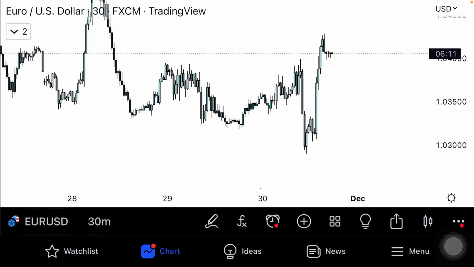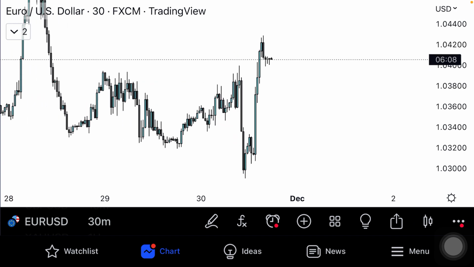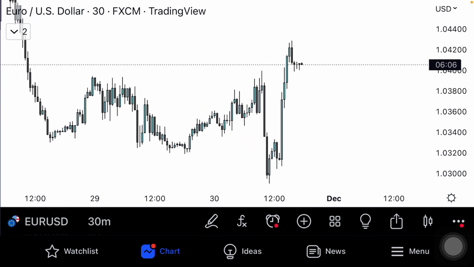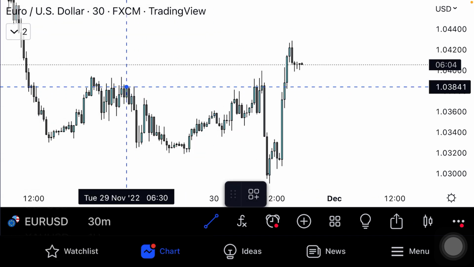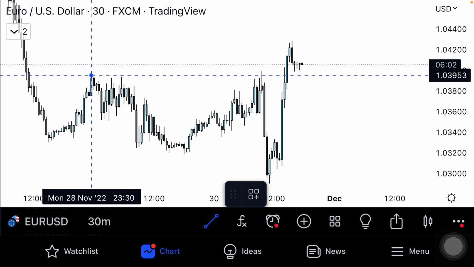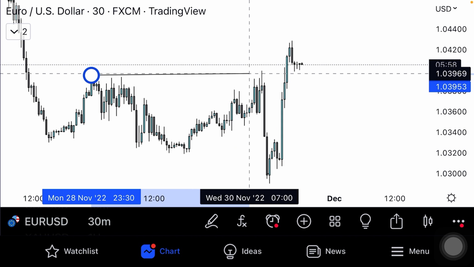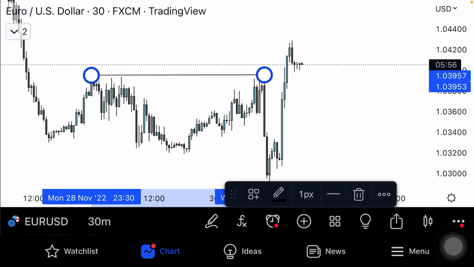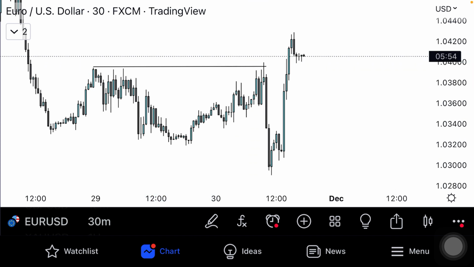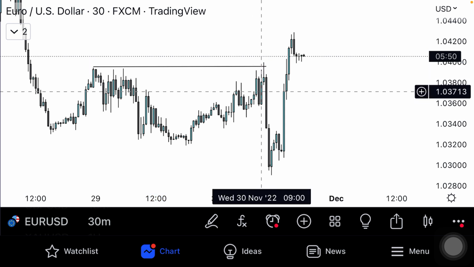So let's go. This is the chart of Euro USD from today. This was the last high that price made on 28 November. Okay, so if you draw the line, we swept the buy side liquidity during 9:30.